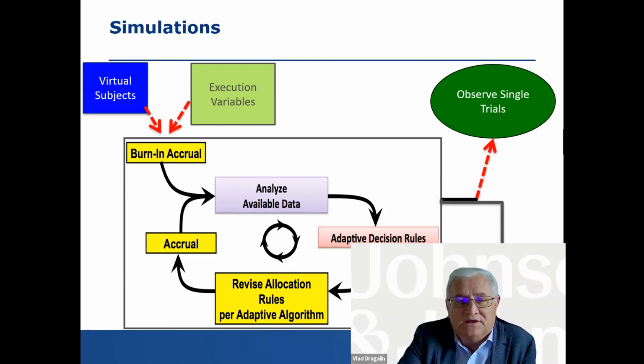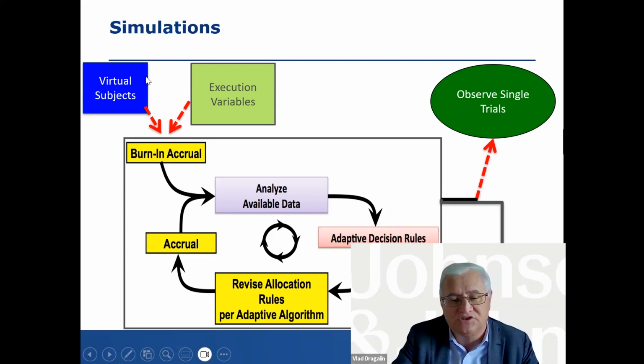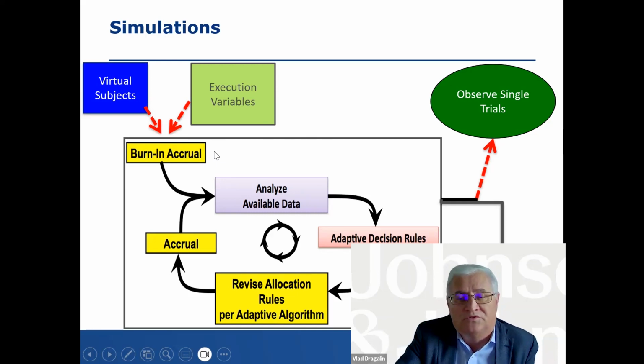So this is a schematic of how these simulations are created. We start in the upper left corner, simulating virtual subjects. In a sense, we simulate the potential response on the primary endpoint, or the primary and several other key secondary endpoints, of the subjects on different doses of the drug, or on the drug and placebo, or drug and active control. We may also simulate some execution variables.